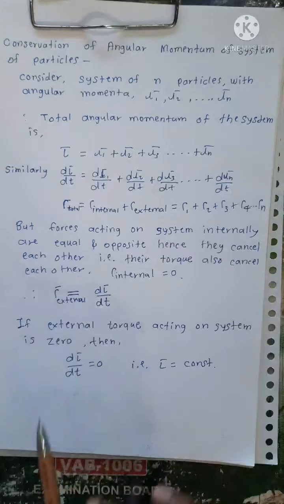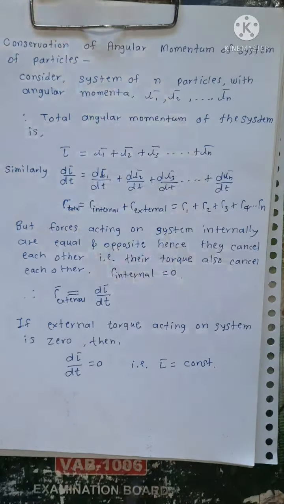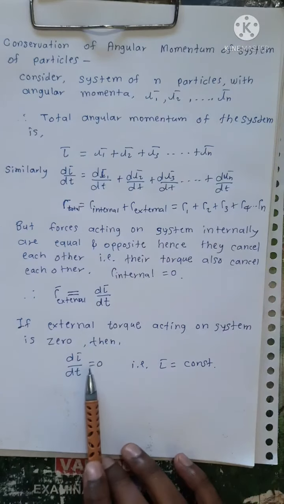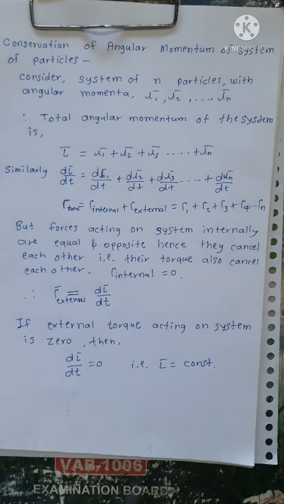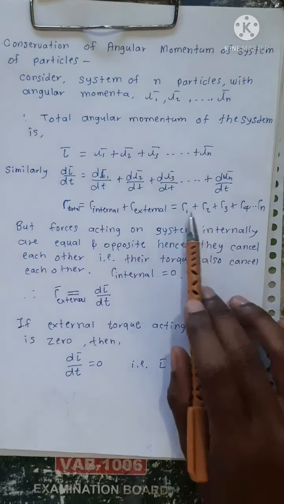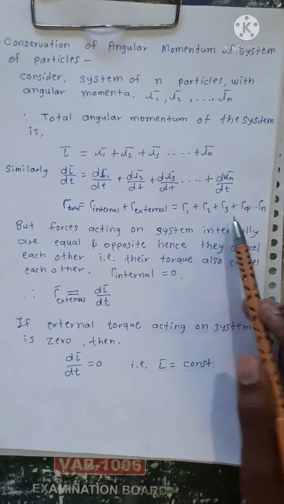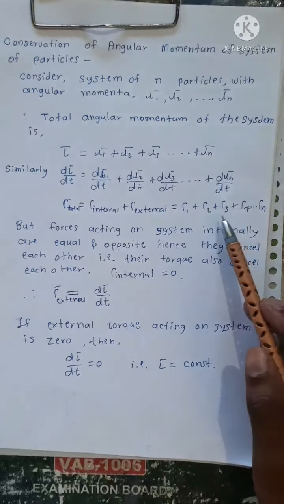So if the net external torque acting on a system of particles is 0, that is dL bar by dt is equal to 0, that means L bar is constant and hence it is conserved. So we can say the rate of change of total angular momentum of a system of particles is the vector sum of all the individual external torques acting on the system of particles.